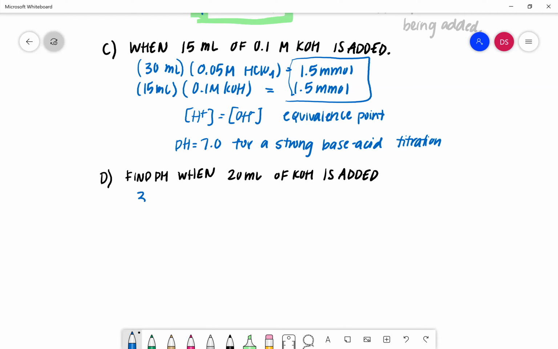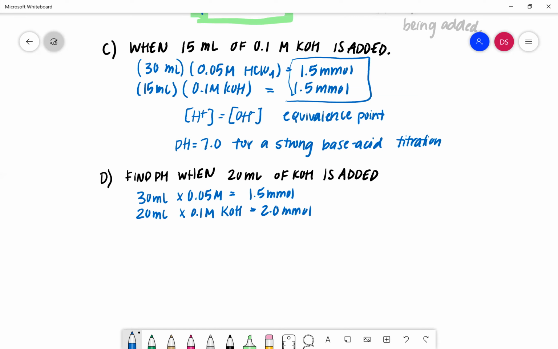Before, 30 milliliters of our acid times 0.05 gives us 1.5 millimoles. Now we're given 20 milliliters, so we multiply that by 0.1 molar potassium hydroxide, and that gives us 2.0 millimoles.